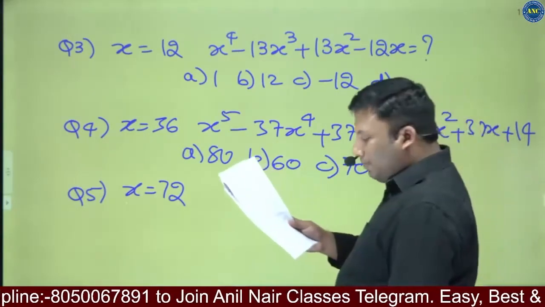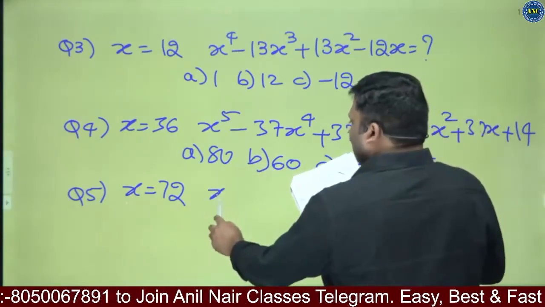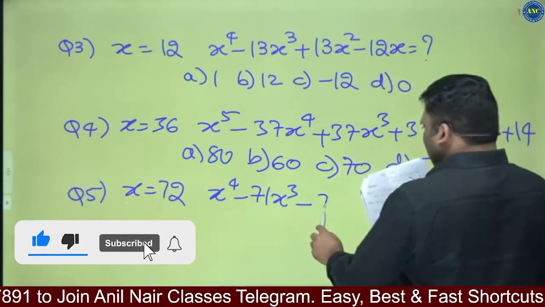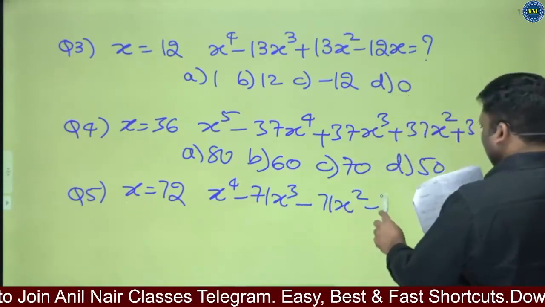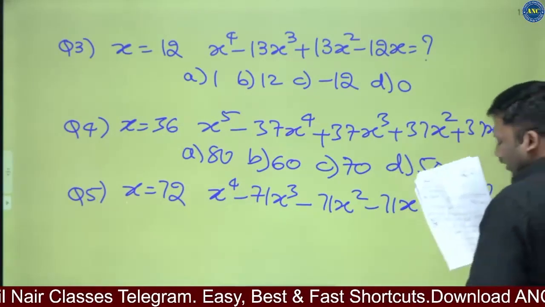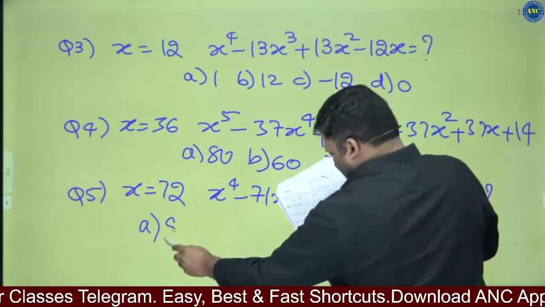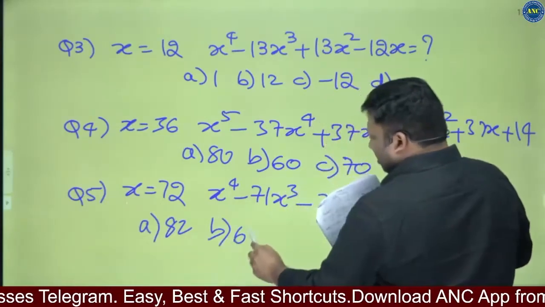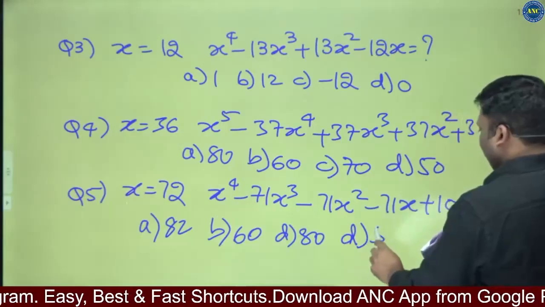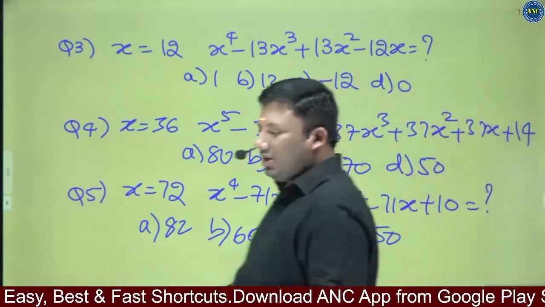See here, question number 5. X is 72. X power 4 minus 71x cube minus 71x square minus 71x plus 10. It can be 82, 60, 80 and 50.